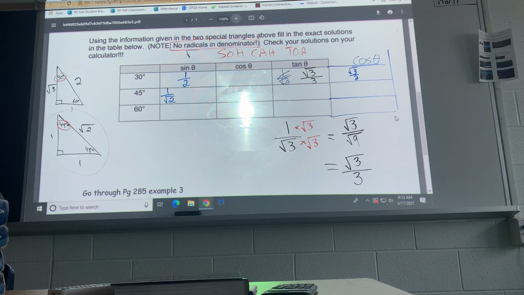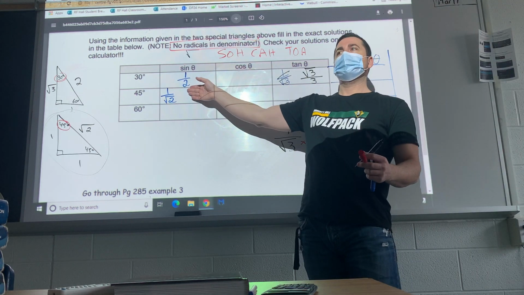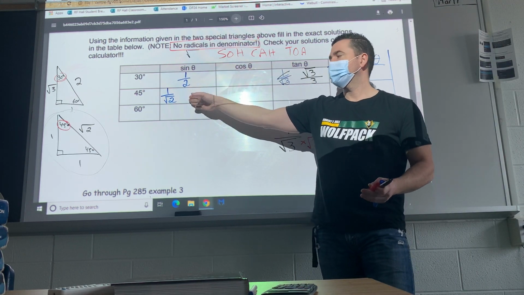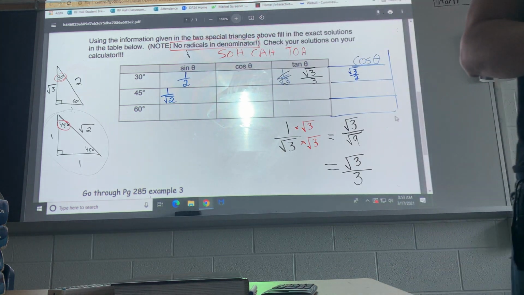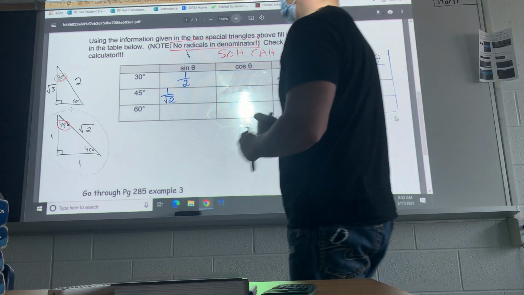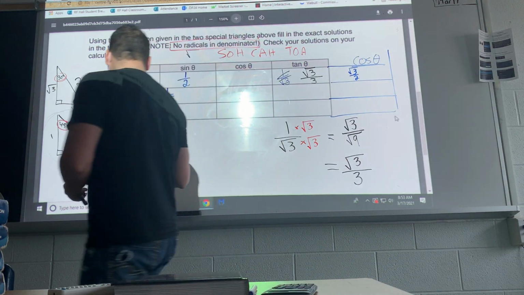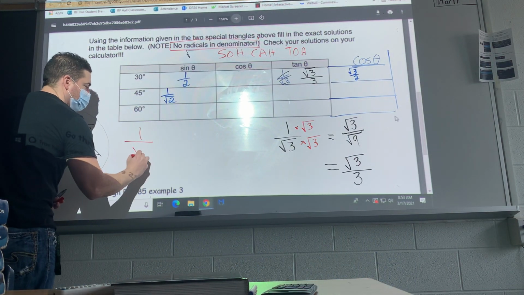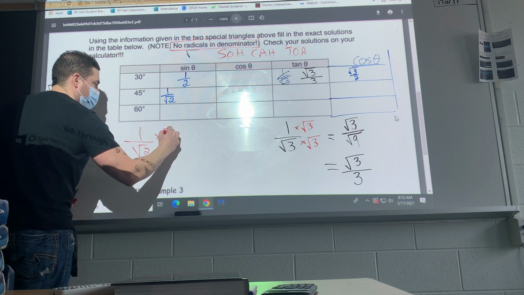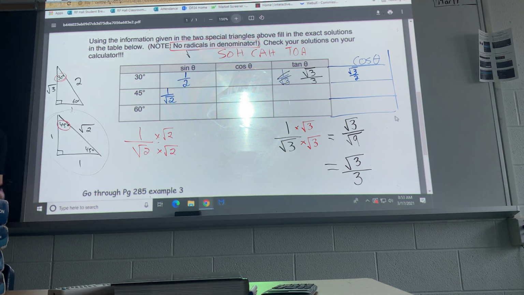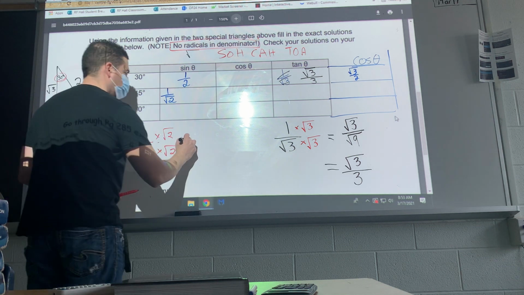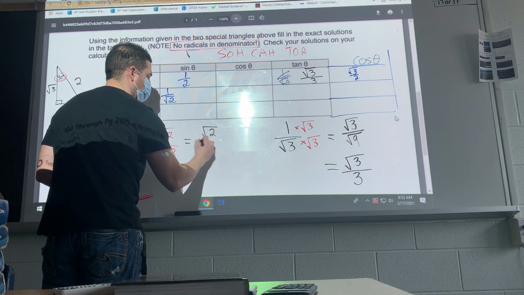But again, what's the issue with this one? There's a radical in the denominator. So we multiply it by itself. I'll just do it on the side here. So 1 over root 2, times root 2 over root 2 in the numerator and denominator, which gives you root 2 over root 4.